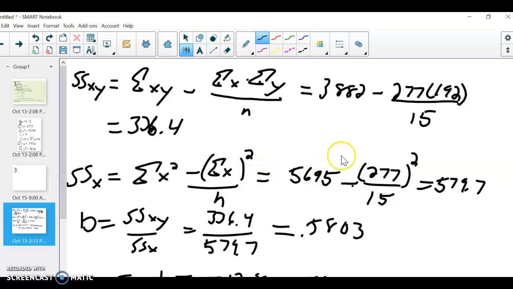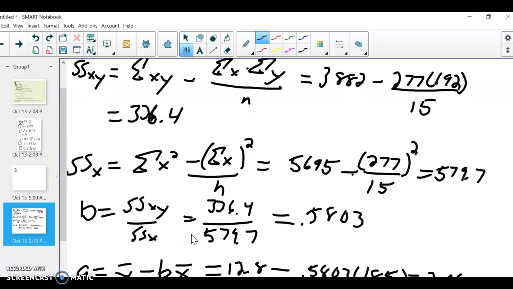So then I type in all these numbers into the calculator and I get this. That's SSX. Then I need to find my slope. My slope formula is SSXY, which I found up here, divided by SSX. So you divide those two and you get this. This is your slope of your least squares regression equation. It is the steepness of the line.